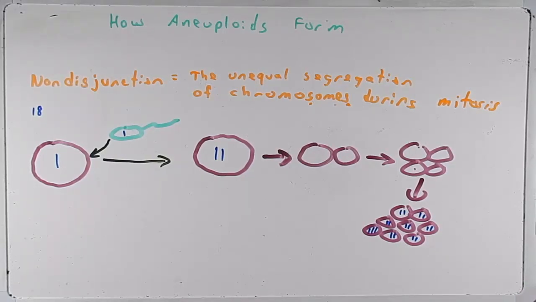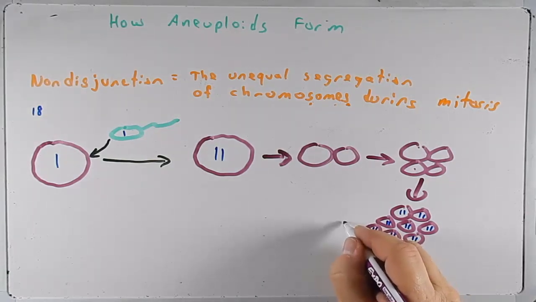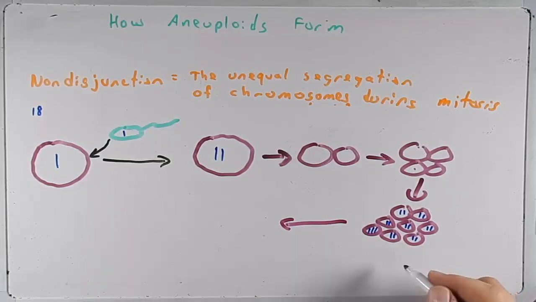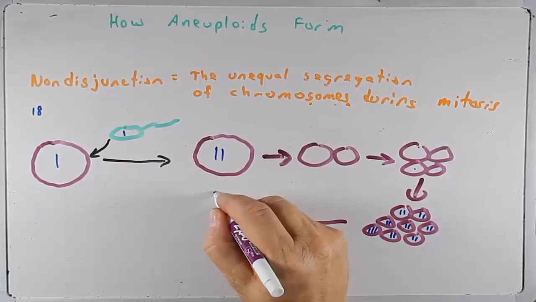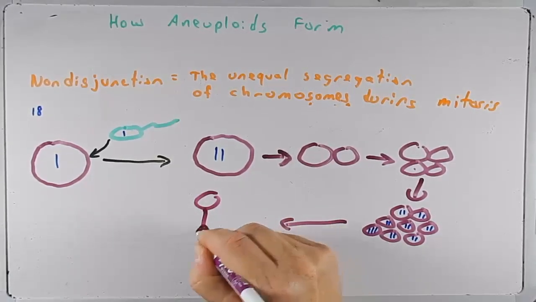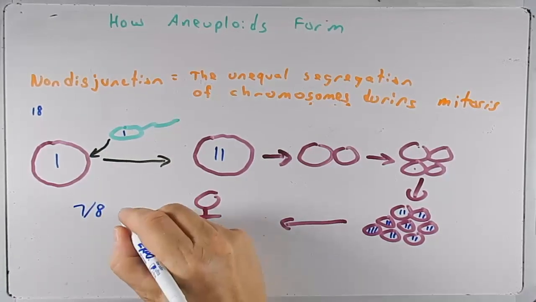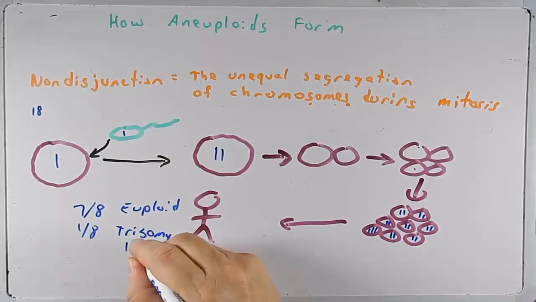But in this case, what happens is you have 1/8 of the cells that are trisomic. And how that translates as this embryo develops into a fetus and then ultimately into a live birth, you have an individual born that is approximately 7/8 euploid and 1/8 trisomy 18.